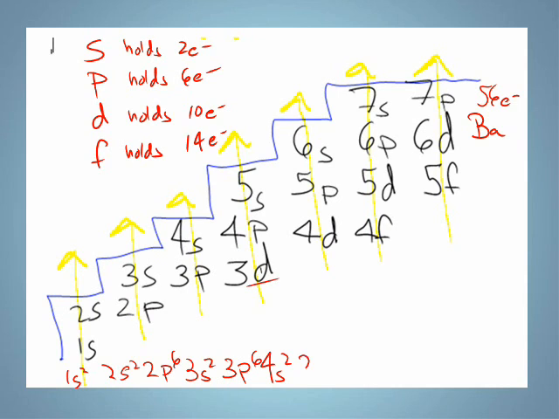Down to 3d10, 4p6, 5s2, so we have 38, 4d10 is 48, 5p6 is 54, and we need 6s2 is 56. So that's the electron configuration for barium.